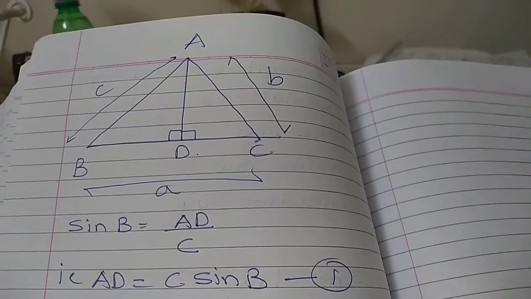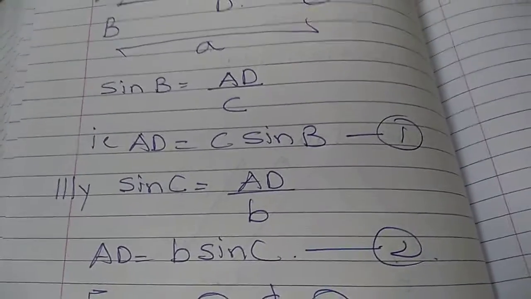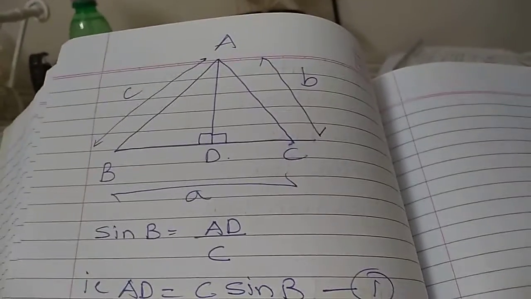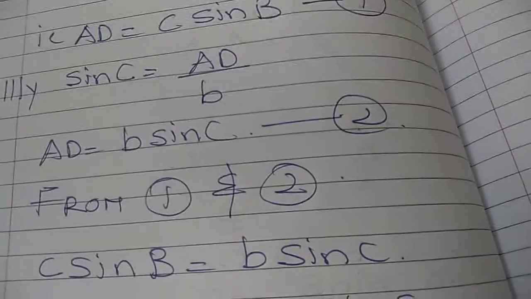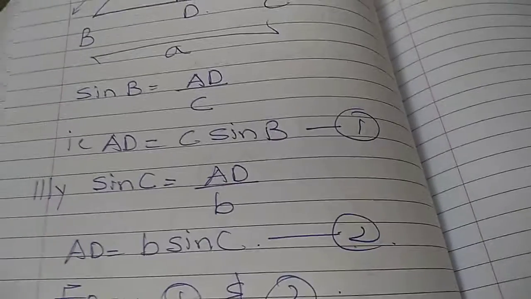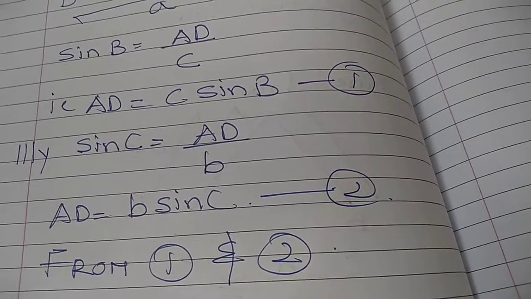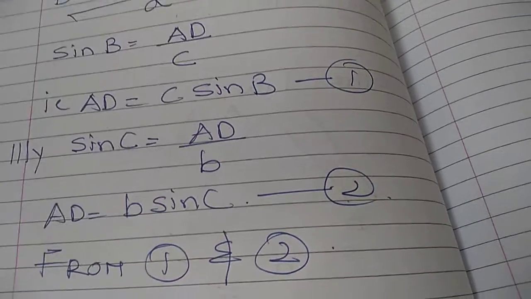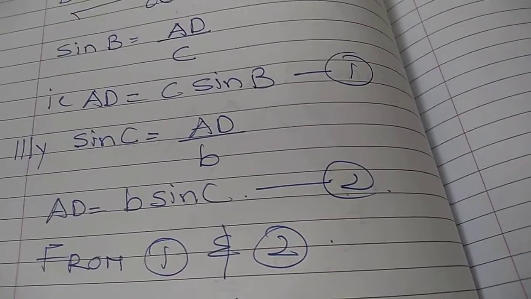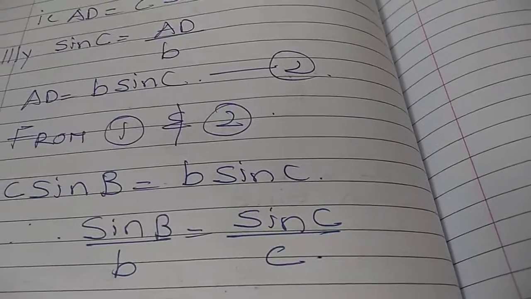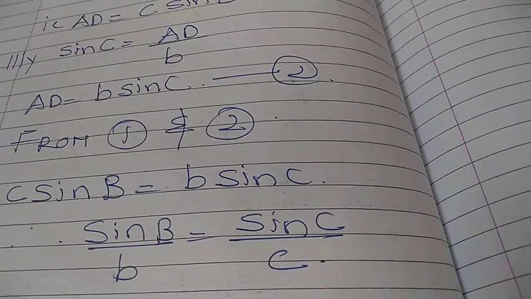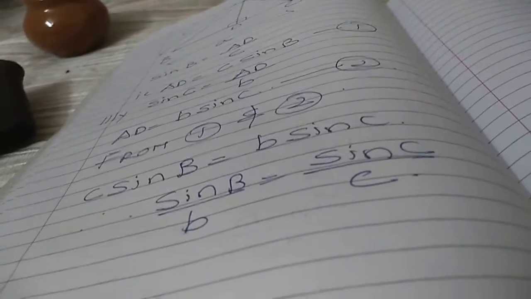Now in triangle ADC, sine C is opposite upon hypotenuse, which is AD upon B. Hence AD is equal to B sine C. From equations 1 and 2, the LHS parts are equal, so C sine B is equal to B sine C. Solving it, I get the formula sine B upon B is equal to sine C upon C. Now, how to get sine A upon A? Please see to it.